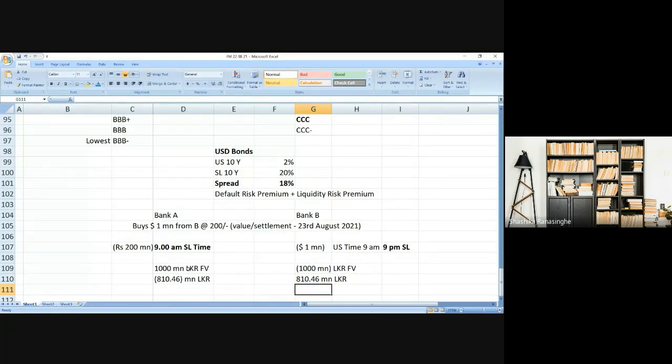Right? Now DVP RVP means both of these transactions should happen at the same time, right? Meaning A should make available 810.46 million rupees, and B will have to make available the 1 billion rupee bond. If both of these are in place, then the transaction will get settled. Otherwise, they will not get settled.